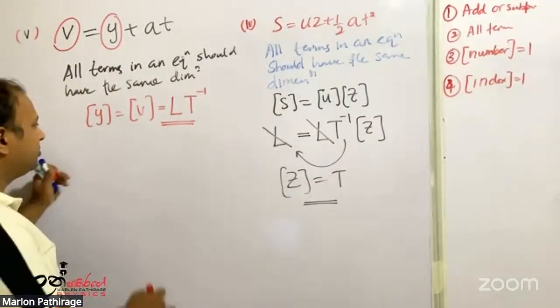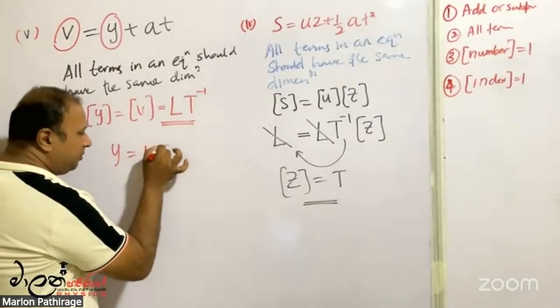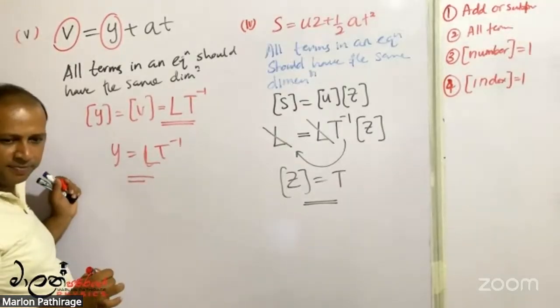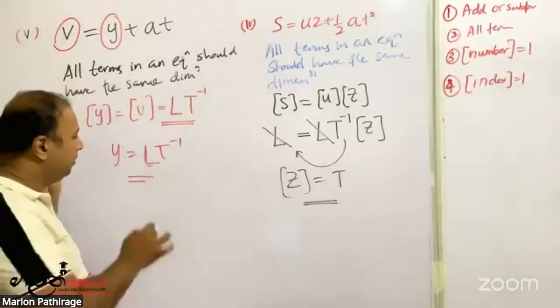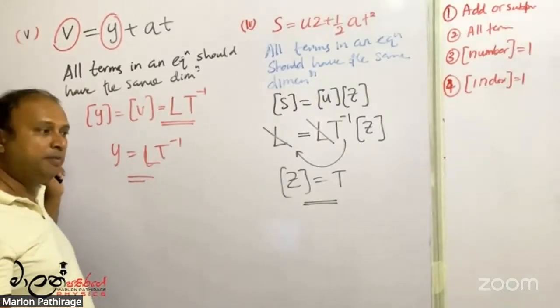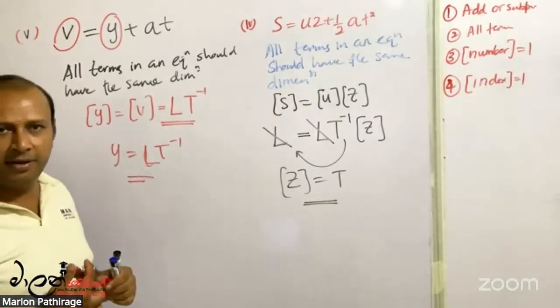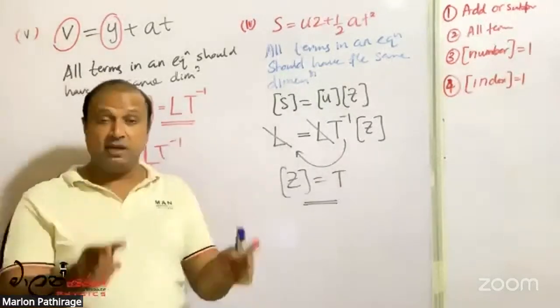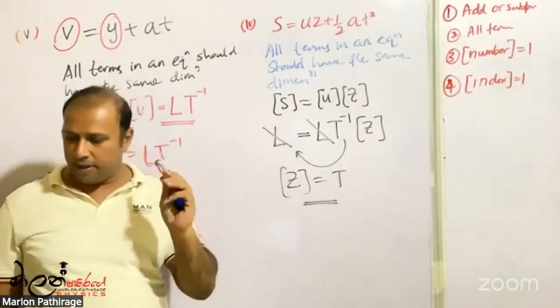So don't write y is equal to LT minus 1. This will be wrong, because y is not equal to LT minus 1. Dimension of y is equal to LT minus 1. Therefore, square brackets are mandatory requirements.